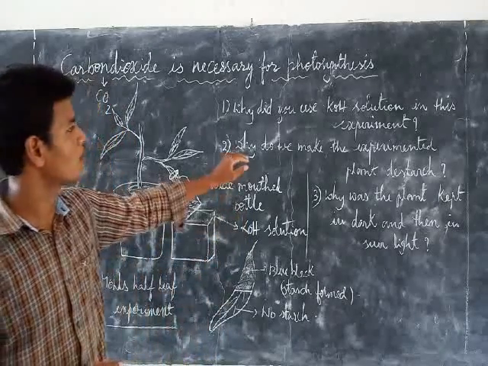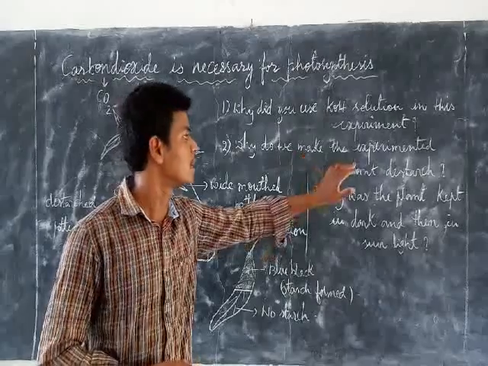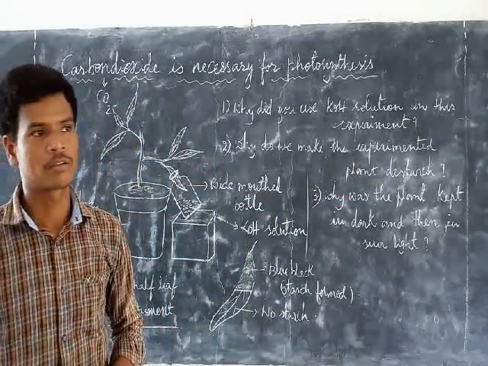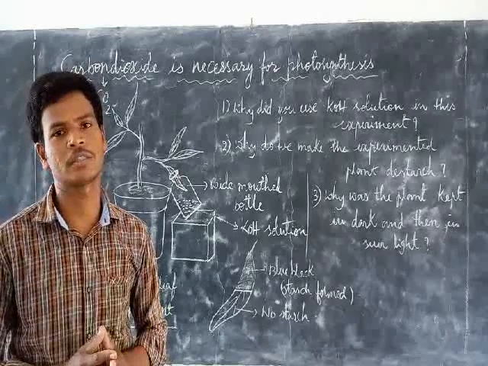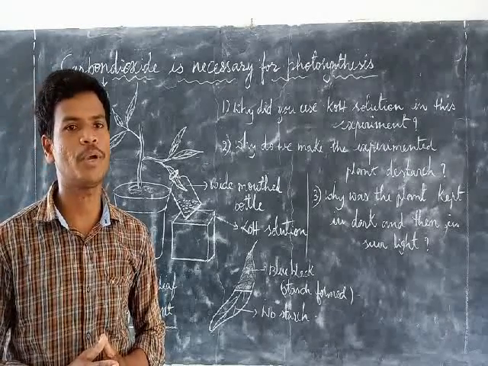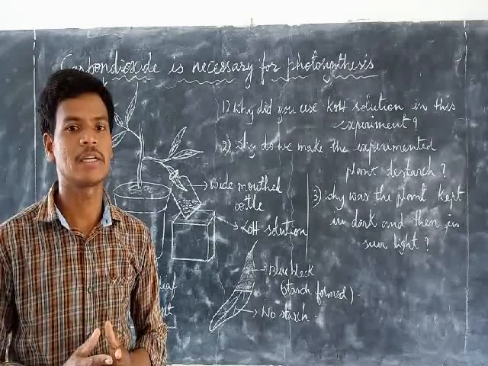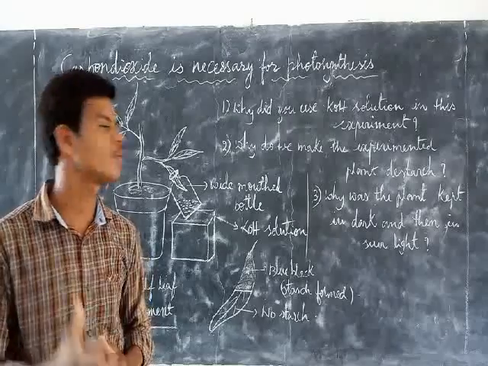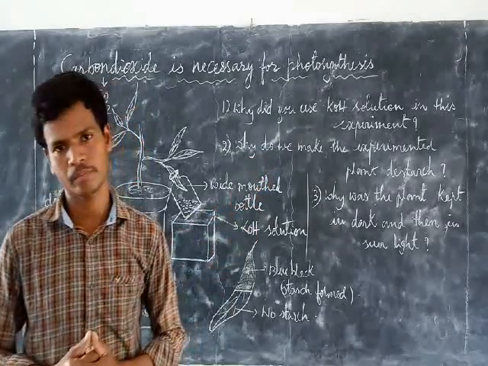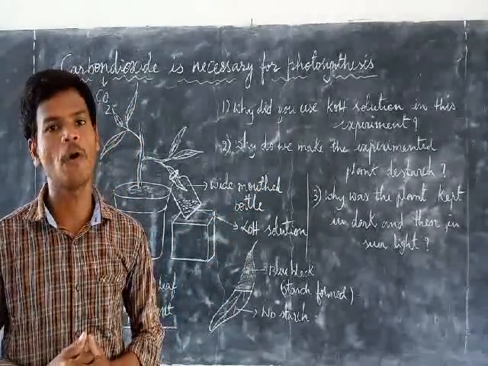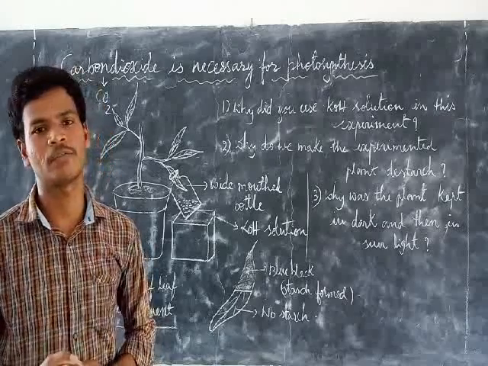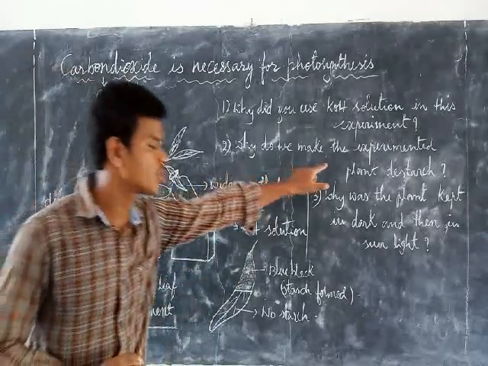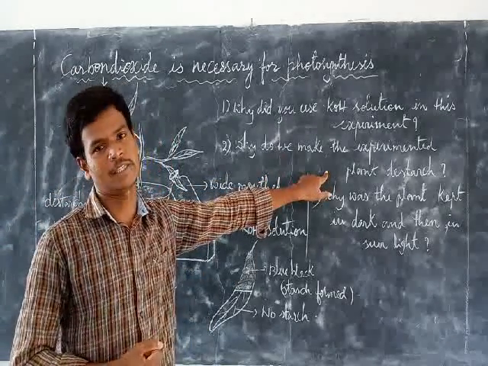So why do we make the experimental plant destarched? A plant that has been destarched is suitable for conducting this experiment, and it can give us a good result.